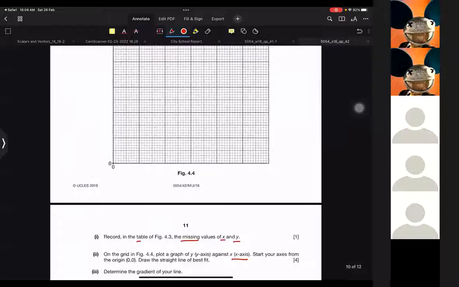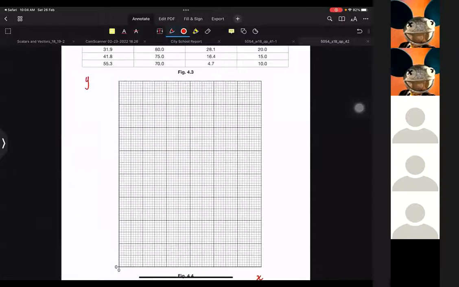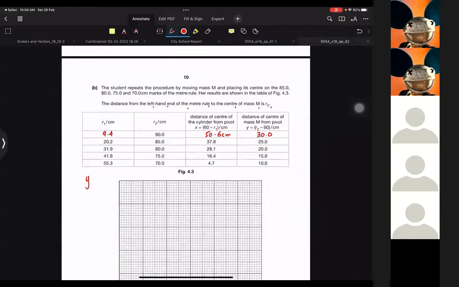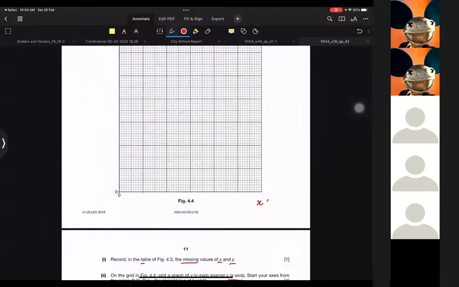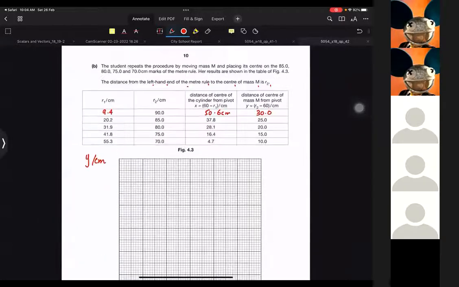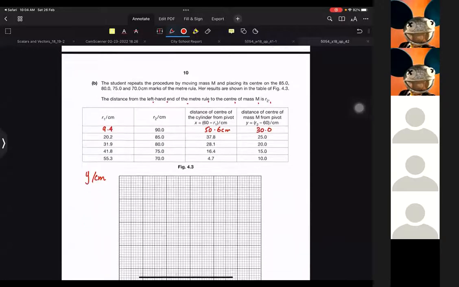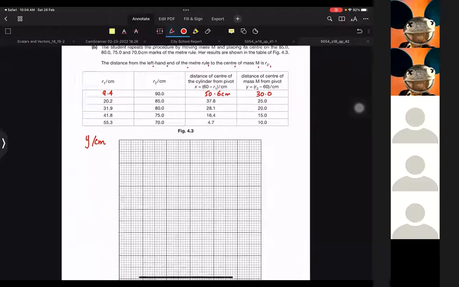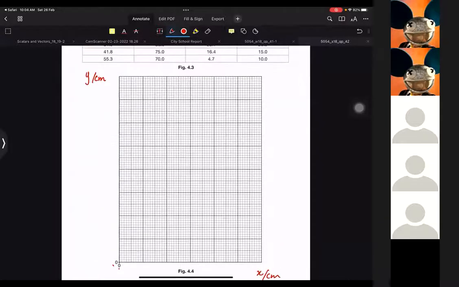So first we write x and y, and check their units. Both are in centimeters, so I'm going to write centimeter on both. The graph starts from 0 and 0, please don't shorten it. Make sure that most of the graph is used, ideally 50% of the area given.